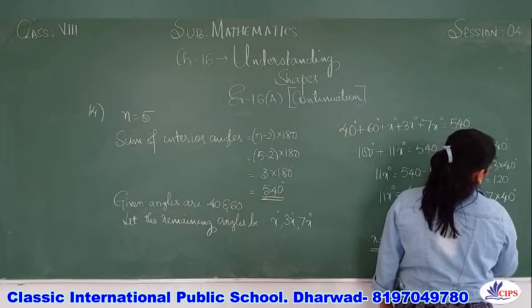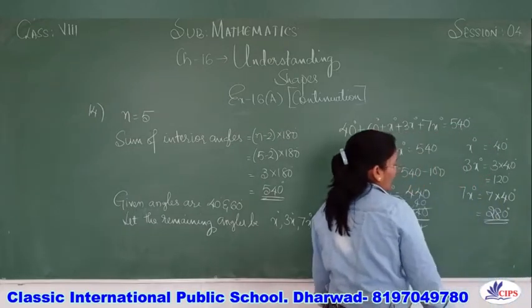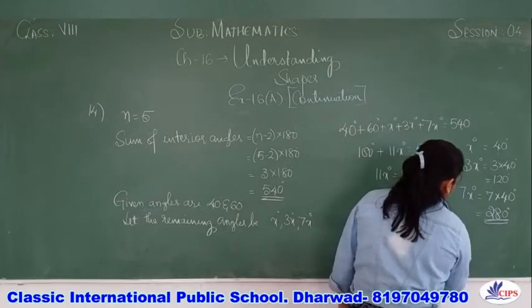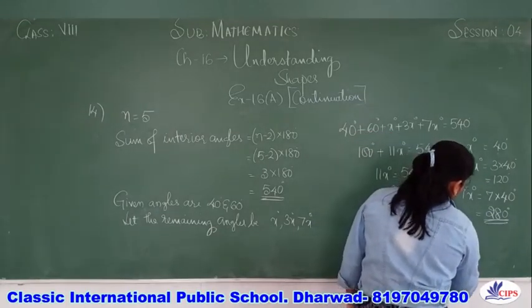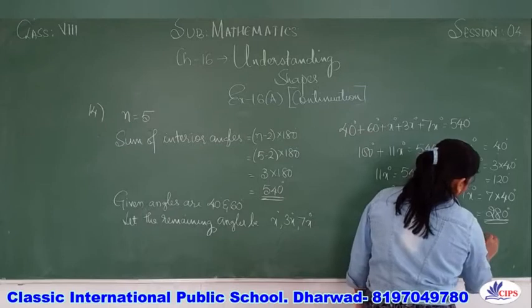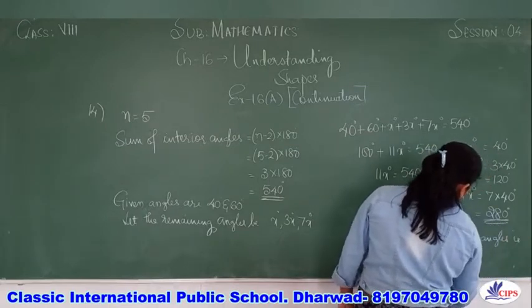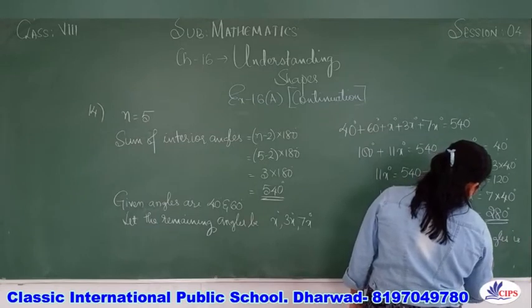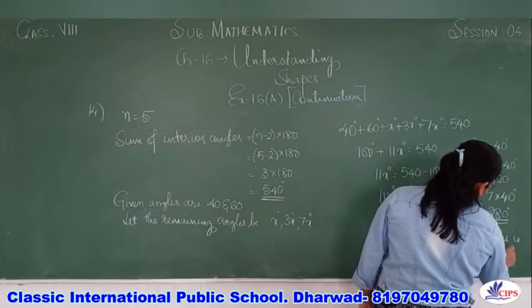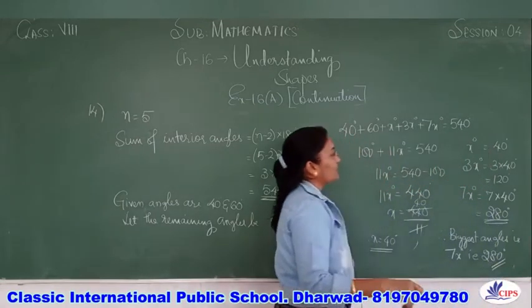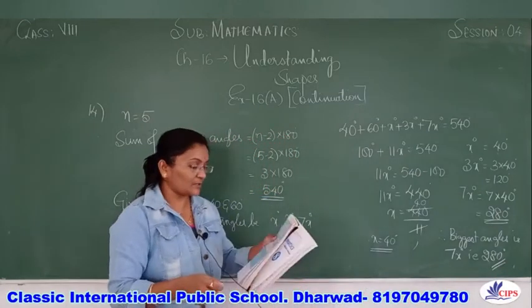So 7 into 40 will be 280 degrees. So which is the biggest angle? The biggest angle is 7x, that is 280 degrees. Got how to do the sums?